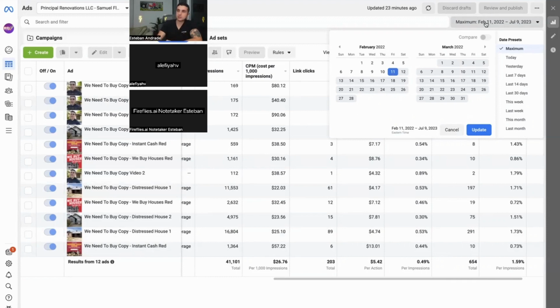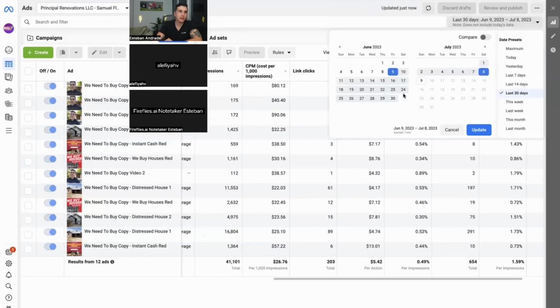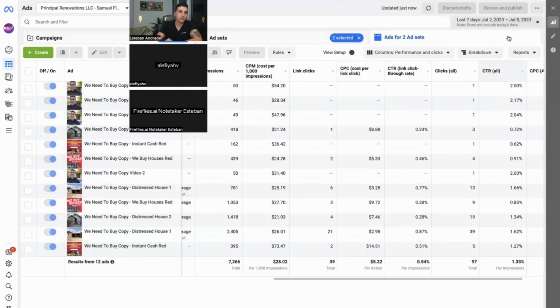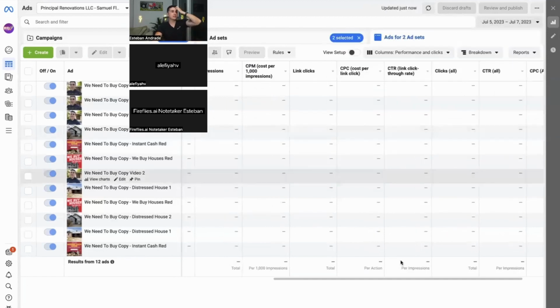We're going to interpret the ad performance, and we make decisions based on data, not on maximum, but let's say 7 days, last 14 days, last 30 days, and we also like doing last 3 complete days. Look at this right in here, from here to here.